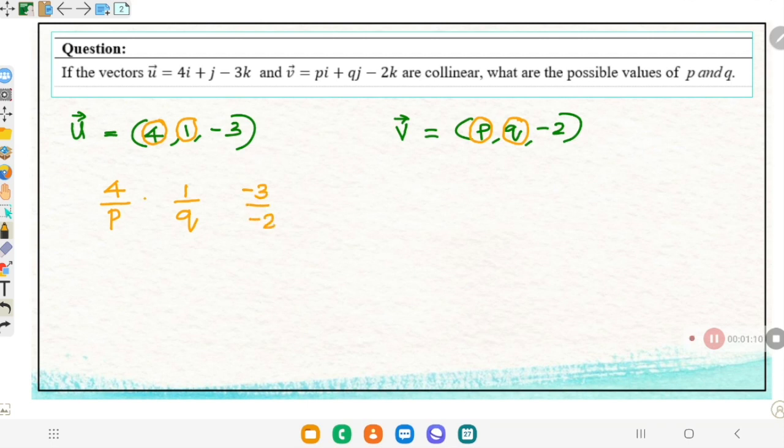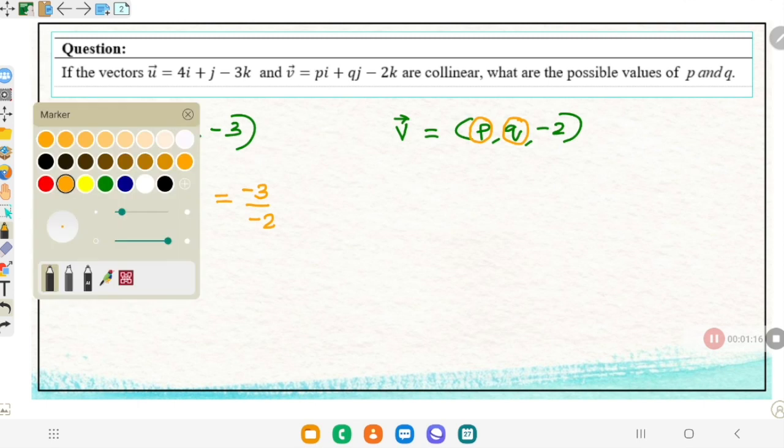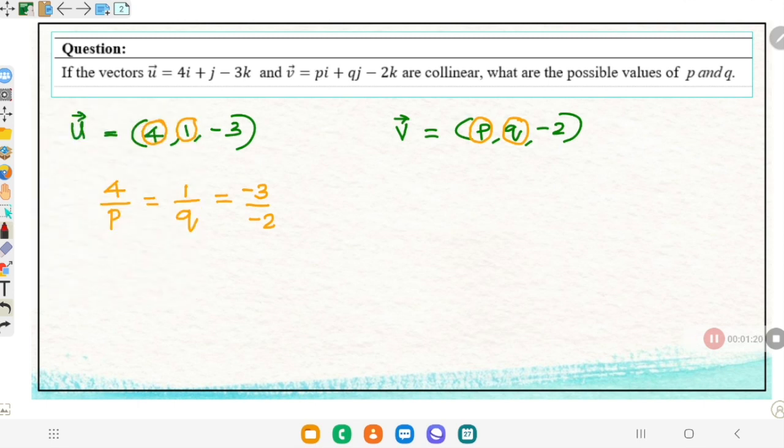Now these three ratios should be the same. That is the meaning of collinear. 4 divided by p equals 1 divided by q equals minus 3 divided by minus 2, which means 1.5, correct? So this is the ratio.